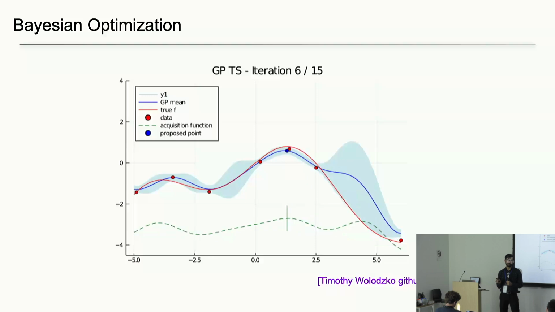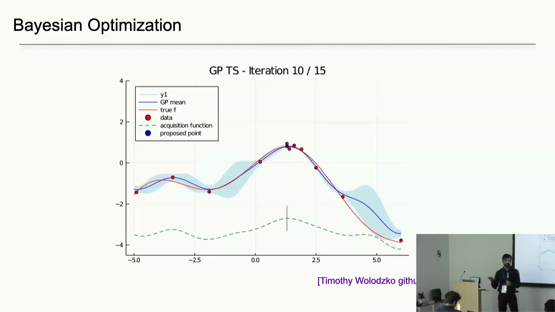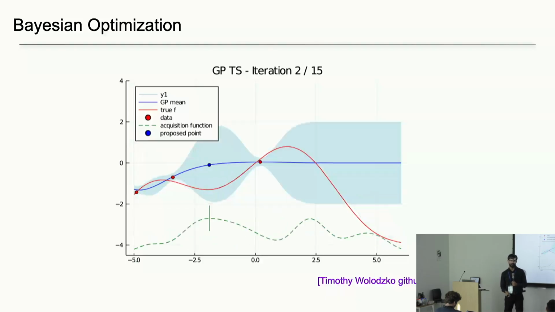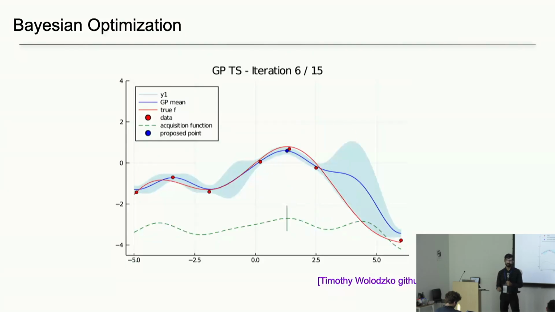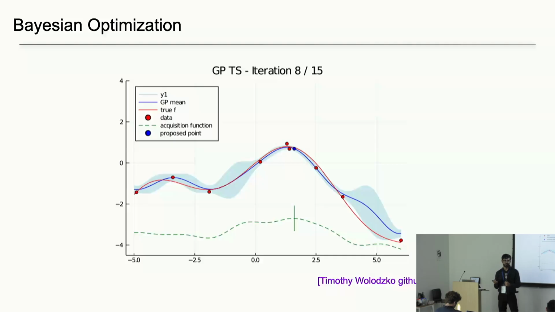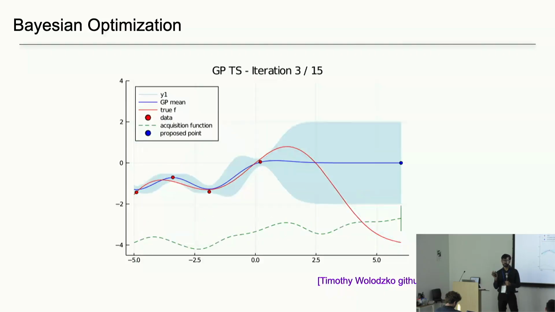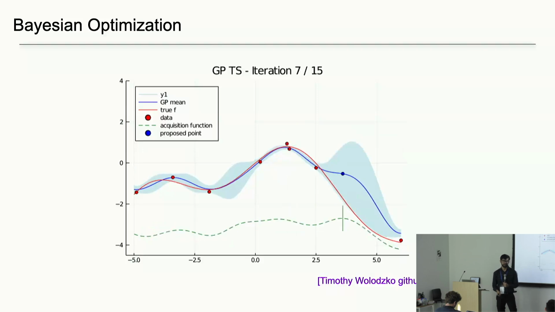But roughly speaking, you want to compute points with good mean, but initially, at least, you also want to find points which have high variance, more uncertainty. You learn more about the function by querying points with high variance. So you want to do some combination of mean and variance, and that's basically what this acquisition function tells you. Sequentially you pick points which maximize the acquisition function, and there's some true function, but by doing these evaluations, you get closer and closer estimates of that true function.